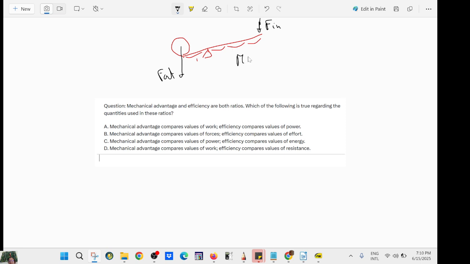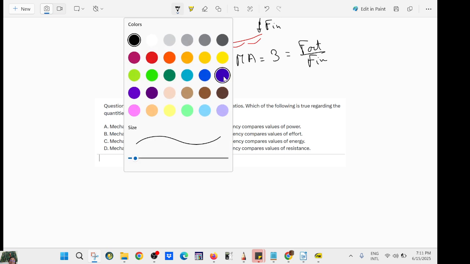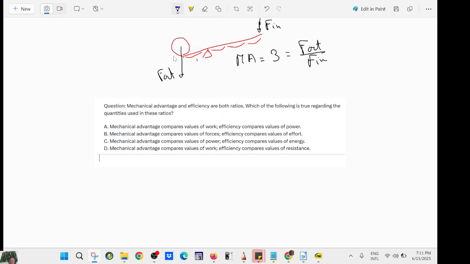So the mechanical advantage in that case will be 3. Okay, so it's the output force over the input force. So it means you are 3 times as strong. But there is a price to pay. If this one lifts by 1, you have to push that by 3. Okay, because of conservation of energy.